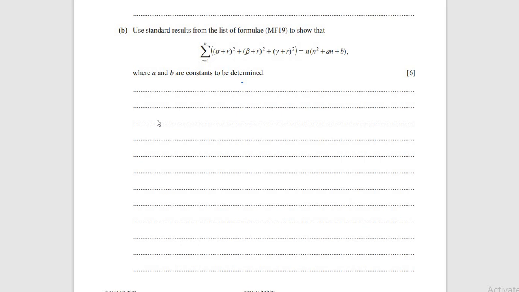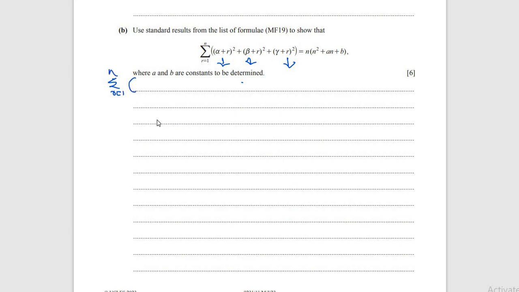So from here, this is the first one, the second one, the third one. Let's expand them one after the other. Let me start from here. Summation r from 1 to n.